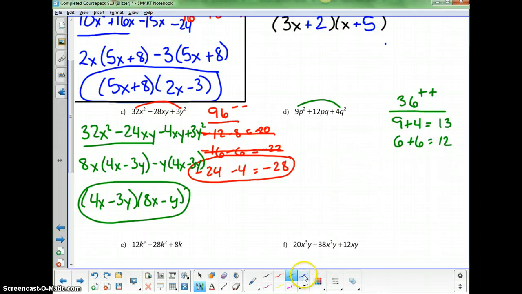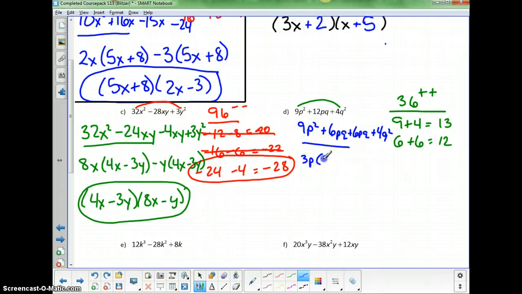Okay, so when we do our grouping here, we're going to write this as 9p squared plus 6pq plus 6pq plus 4q squared. And group the first two. You can divide them both by 3, and they have a p in common.